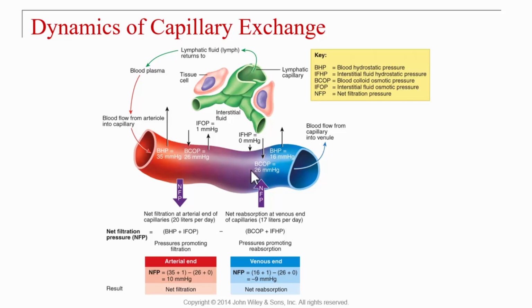So it's the same on both sides because we have the same amount of albumin. Here's the BCOP up here, but either way, it's going to be the same because you're not losing albumin. Okay. So the BCOP plus the interstitial fluid hydrostatic pressure, which again is 0.